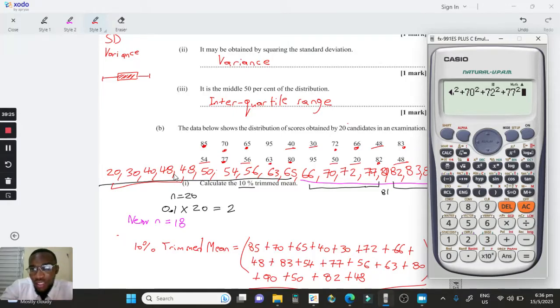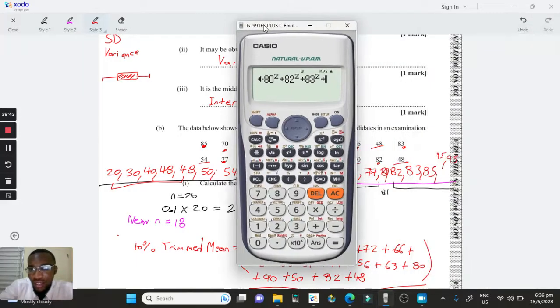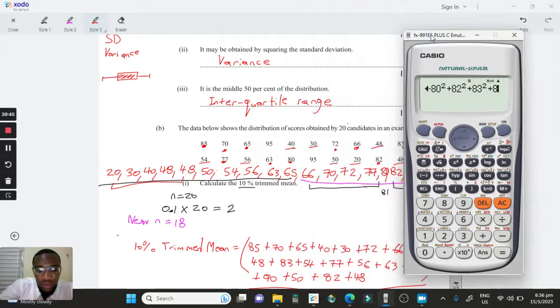So I'm going to stop at 77 square, then continue from there: plus 80 square plus 82 square plus 83 square plus, what's next after 83? We have 85 square plus 95 square, and it's two of them, so 2 times 95 square.